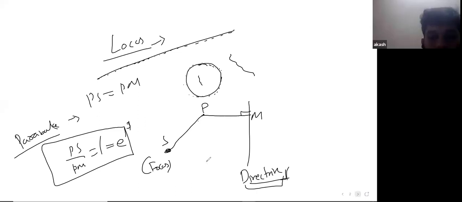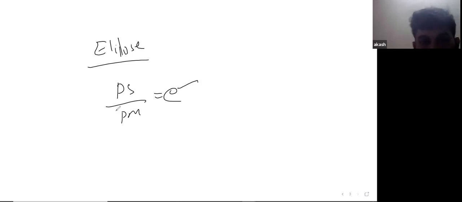For ellipse you can write down if you want. If PS upon PM is eccentricity and for ellipse this is less than 1, that means PM is greater.